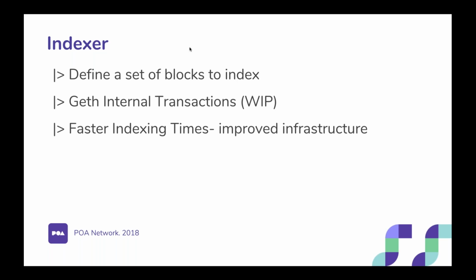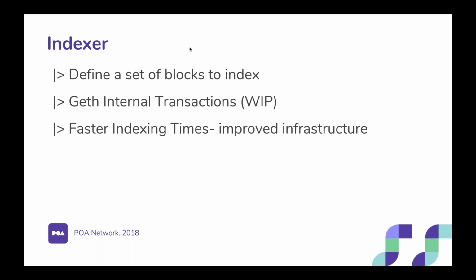We should be able to provide that utility through our configuration files to fetch those particular blocks. And our Geth internal transactions, Geth being a different client than Parity, we just finished and it was merged yesterday. That was a big project that one of our best developers has been working on for a couple weeks.